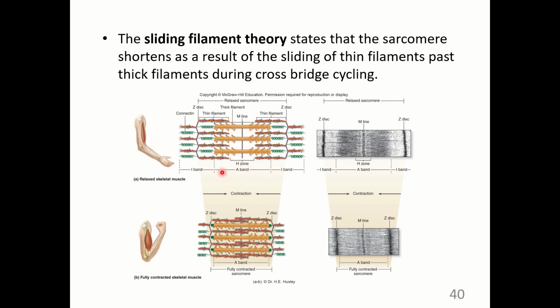During the sliding filament theory of contraction, the actin molecules have slid towards the center of the sarcomere as a result of the cross-bridge cycling. And now the H zone has disappeared because the actin is filling it in, and the Z discs are now closer together.